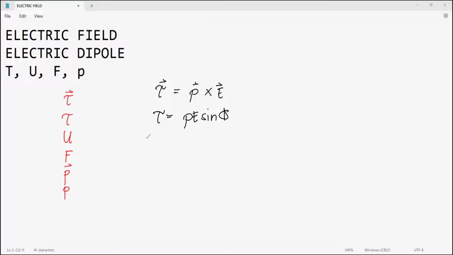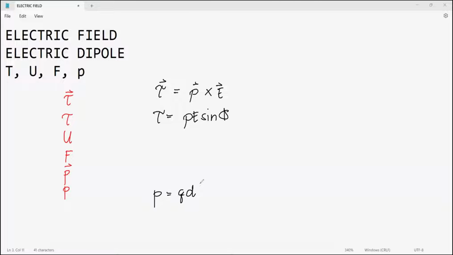The vector form is for the direction, and this is for the magnitude. Now, what about our electric dipole moment? The magnitude is only P equals Q D. The Q is the intrinsic charge, so it is not 2 coulombs or 3 microcoulombs. This is 1.6 times ten to the negative nineteen, the intrinsic value of the charge.